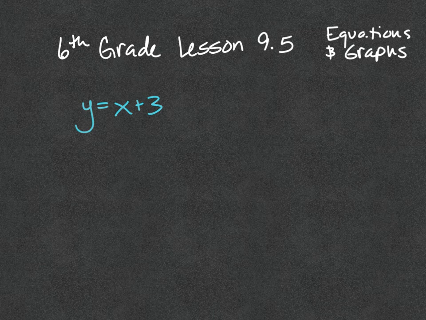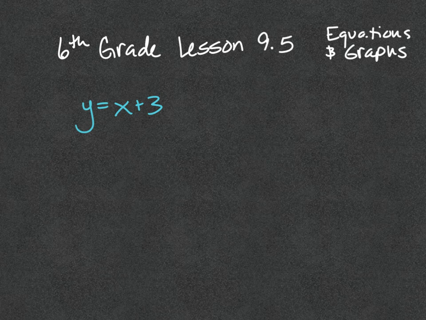But we could say possible answers, right? If x equals 2, then I can add those together to get a y. If x equals 3, then I can add these together to get a y. And that's kind of what we're going to be doing with this. We're going to just input some possible values for x to see what happens to y.